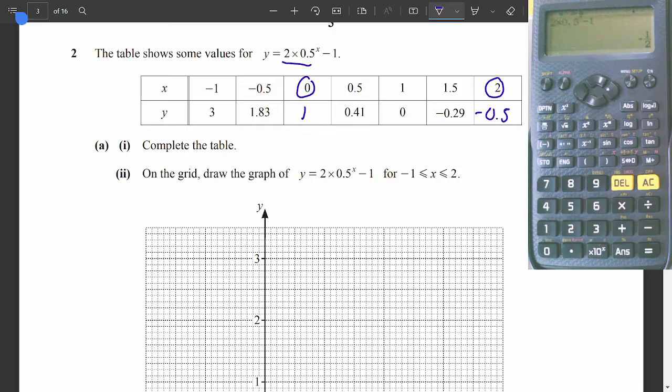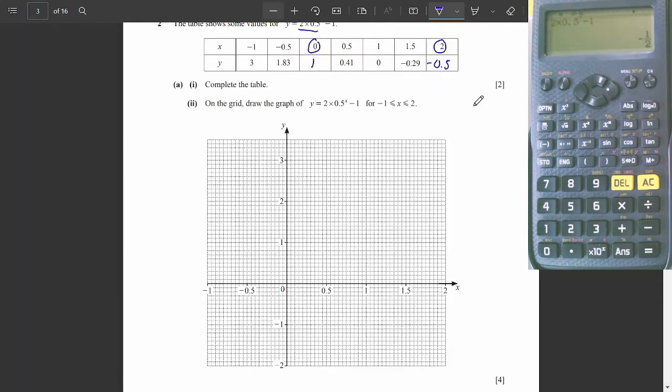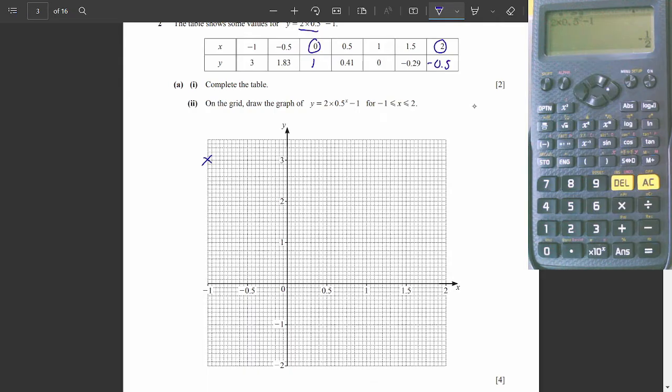Okay, next would be to plot the points. Right, plotting the points: -1, 3, along the corridor and up the stairs; -0.5, 1.83; there we go, 0, 1; 0.5, 0.71; 1, 0.5; 1.5, 0.35; 2, 0.25.